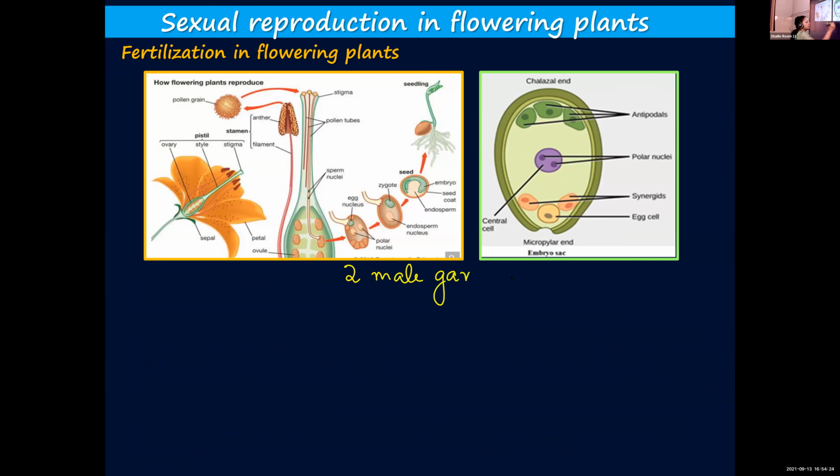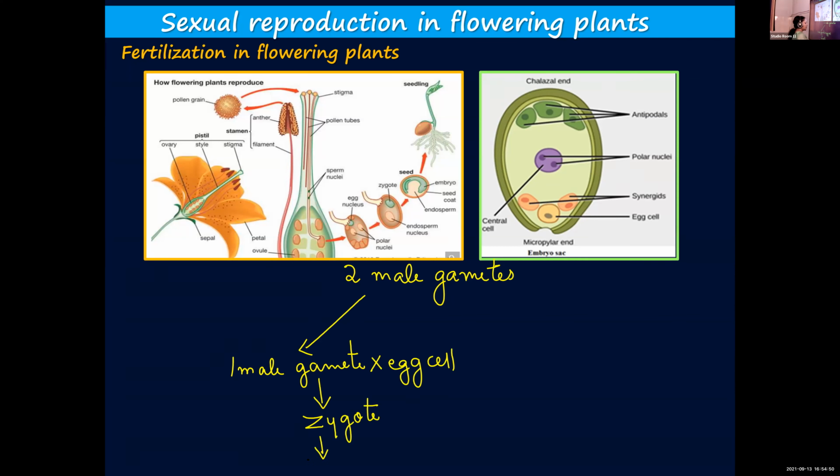Out of these 2 male gametes, one will fuse with what? The egg cell or female gamete. And what is formed? Zygote. The zygote develops into embryo.